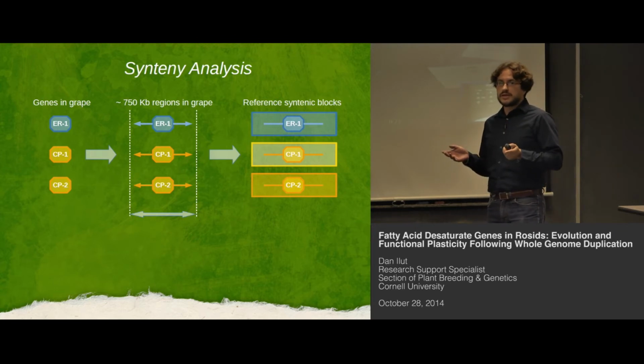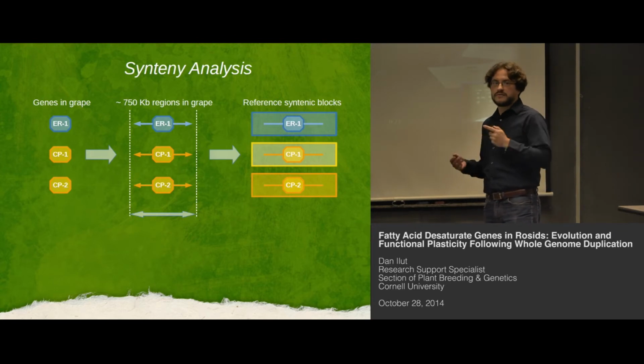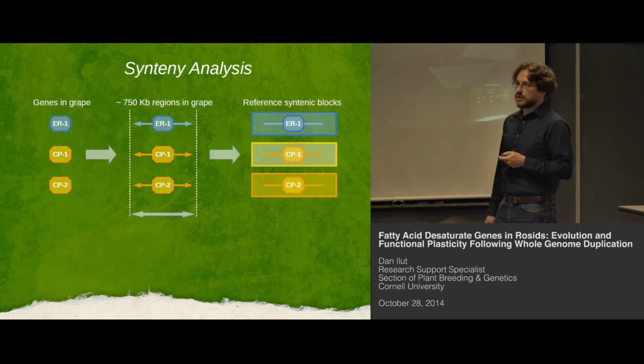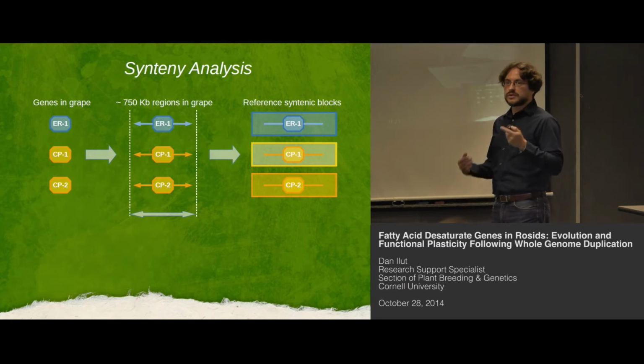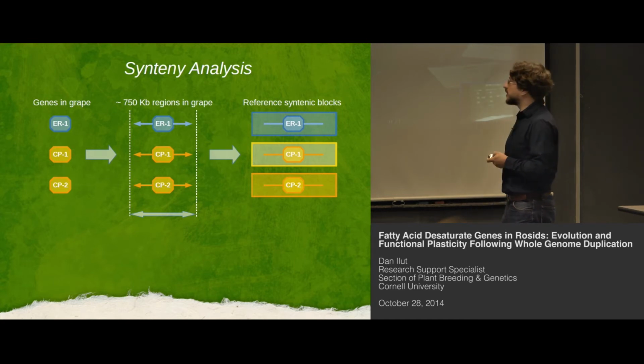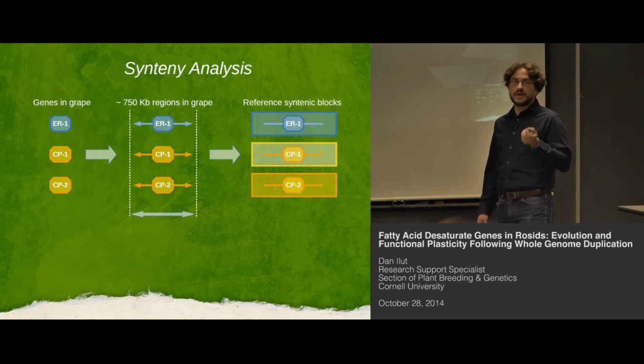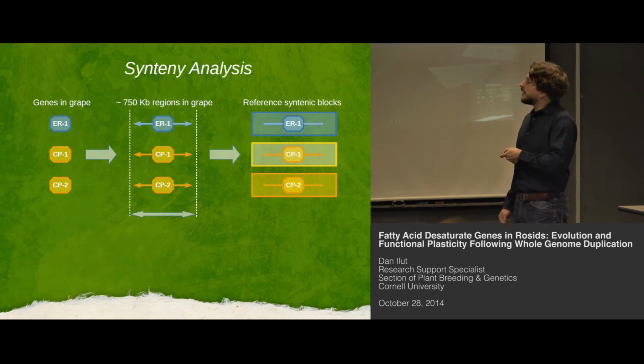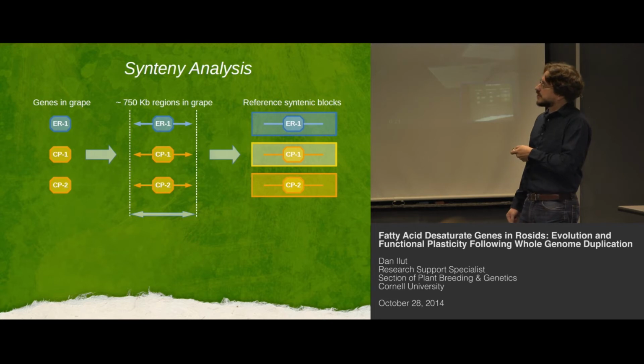And we took that sequence and compared it to every other genome sequence from the other species and looked to see if we could identify existing copies of those genomic regions. So now instead of looking at one gene, we're looking at a 750 kb genomic region. And that will let us, for example, differentiate between these 2 chloroplast copies because they'll be in different genomic contexts.